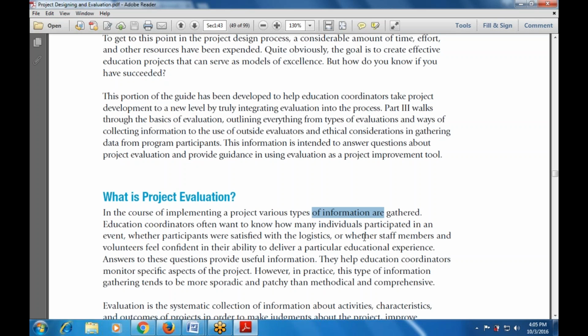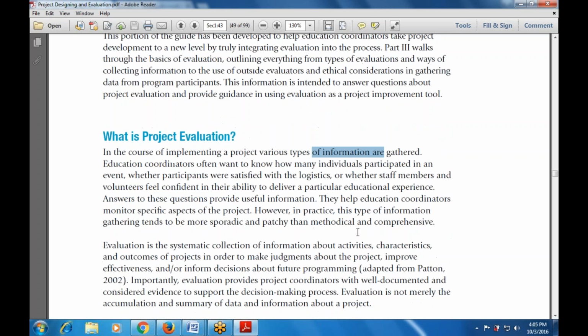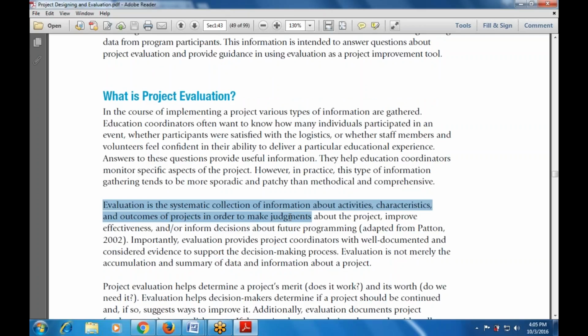Evaluation is the systematic collection of information about the activities, characteristics and outcomes of a project in order to make judgments about the project, improve effectiveness, and/or inform decisions about future programming.